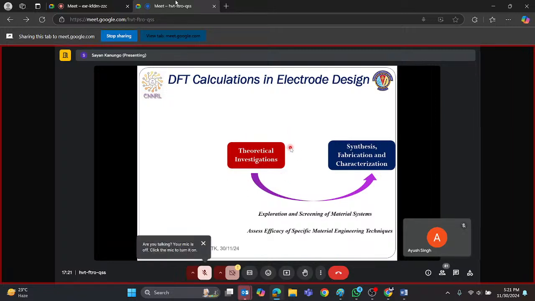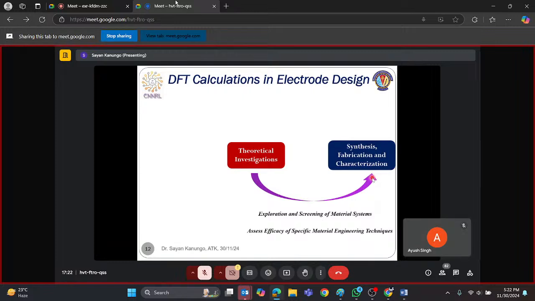This makes the job of the experimentalist much easier in the sense that the theoretical investigation is both cost effective as well as time effective. So from a larger set, the theoretical investigation brings down the potential material systems into a smaller subset over which the experimental exploration can focus.